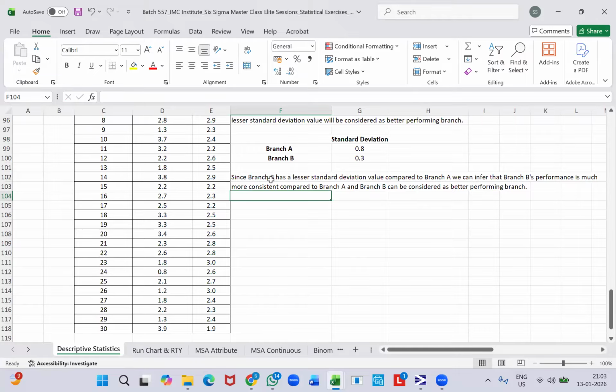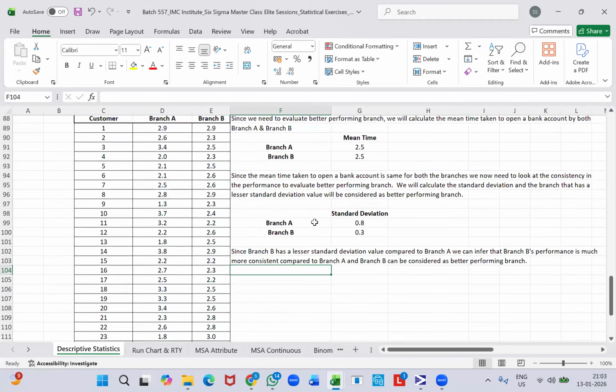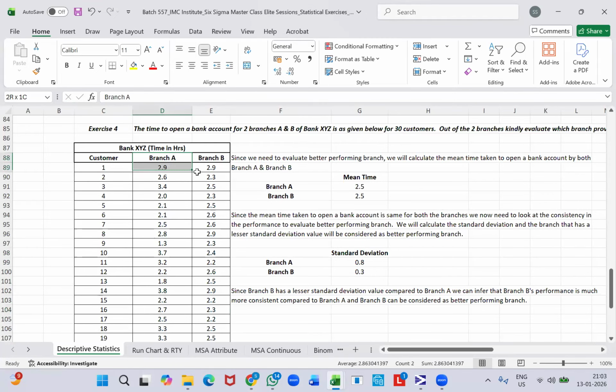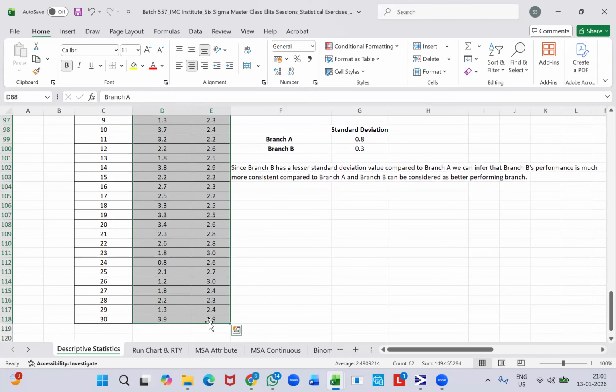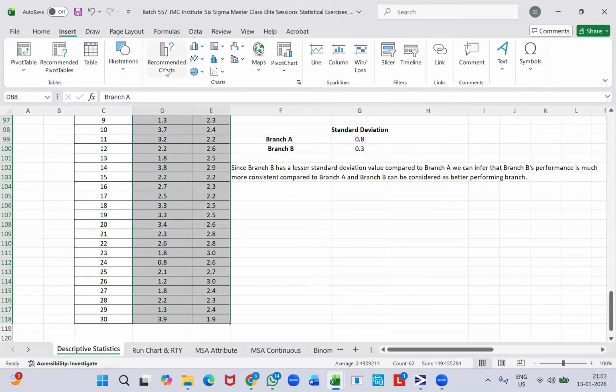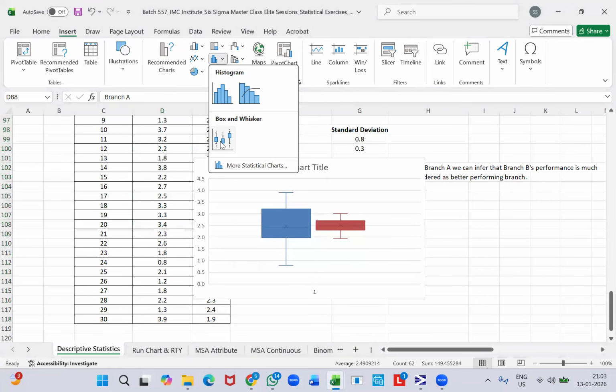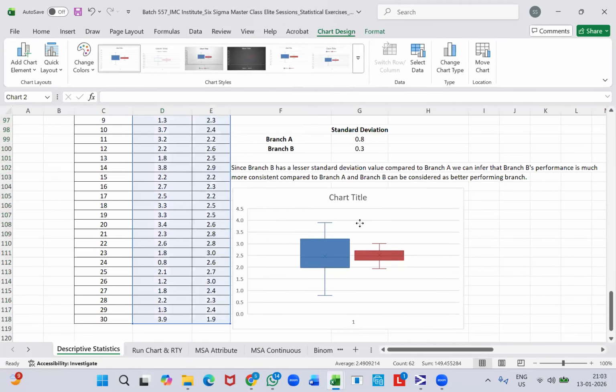What we can also do is construct a box whisker plot. So we will have multiple box whisker plots constructed because we have two categories of data sets. So first we need to highlight both these data sets and then go to insert, and then under recommended charts, the one with all these bars, down below we find the box whisker plot.